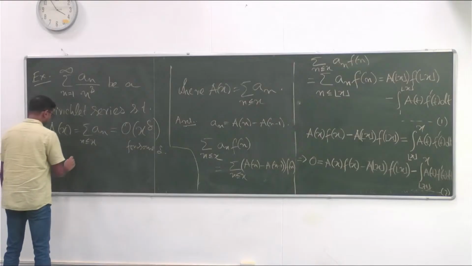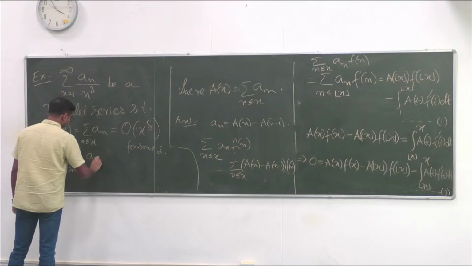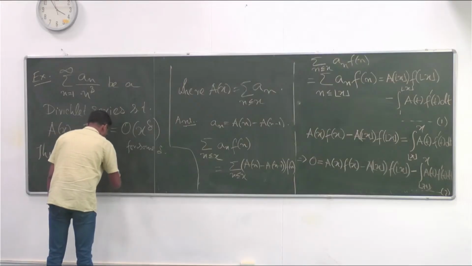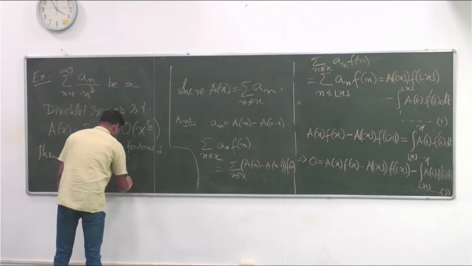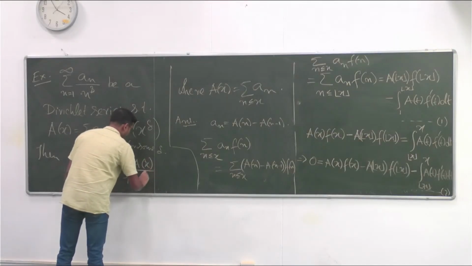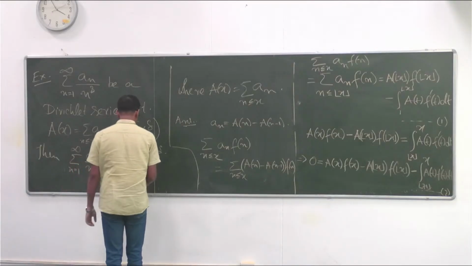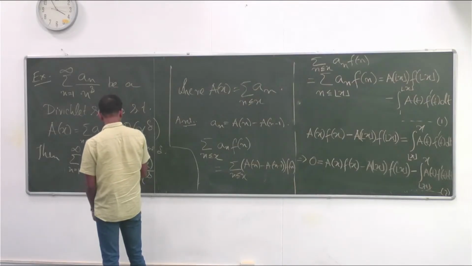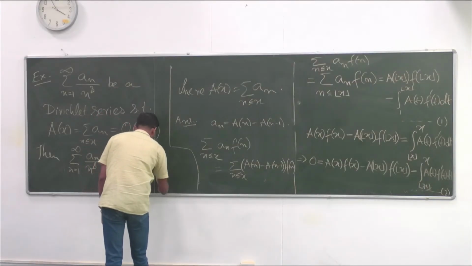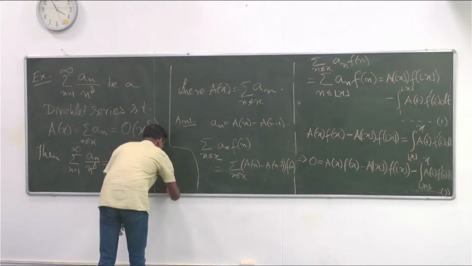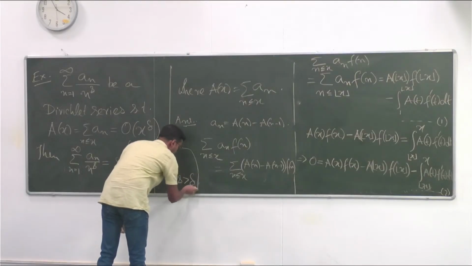Then we have that the series, n running from 1 to infinity of a_n by n power s, is represented by this integral: s times the integral from 1 to infinity of A(x) by x to the power s plus 1, sorry, dx, for all s larger than delta.